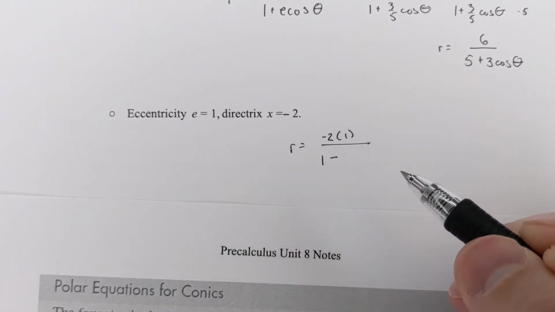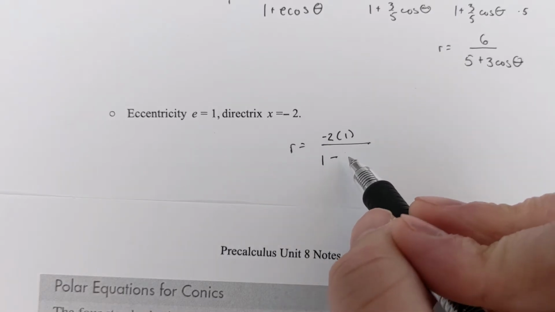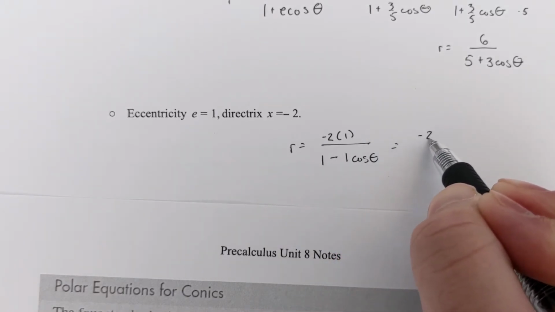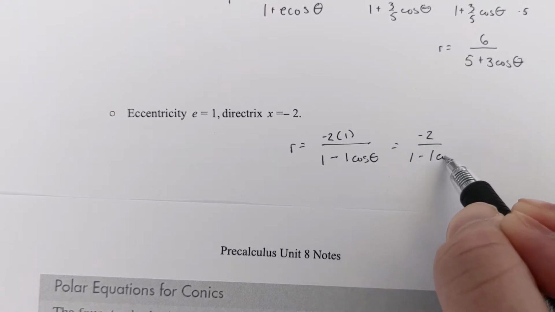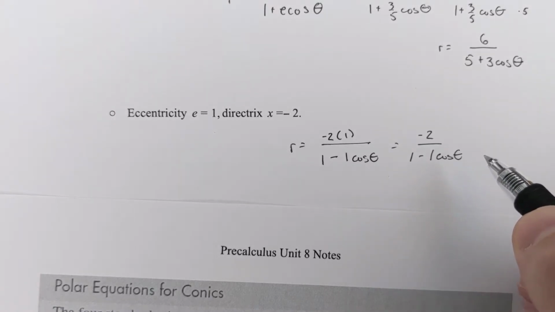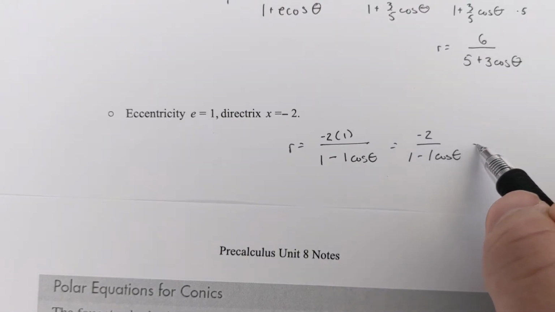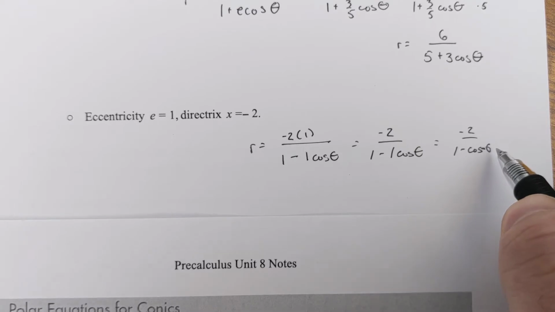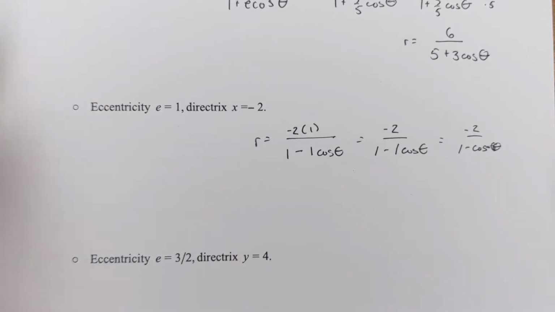Since k is negative, we get the minus in between: r equals k times e over 1 minus e cosine theta, so -2 over 1 minus 1 cosine theta, or just -2 over 1 minus cosine theta.